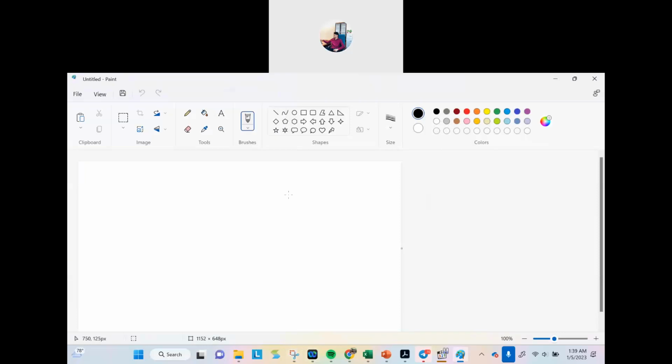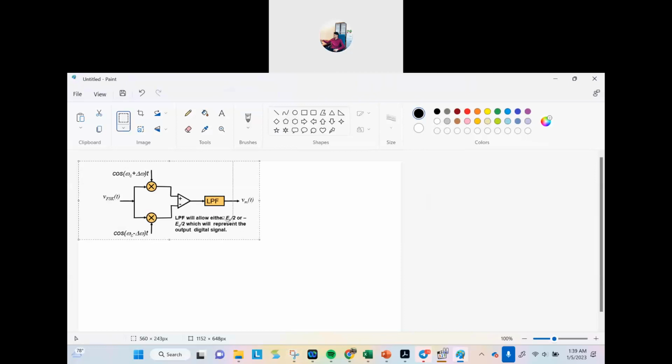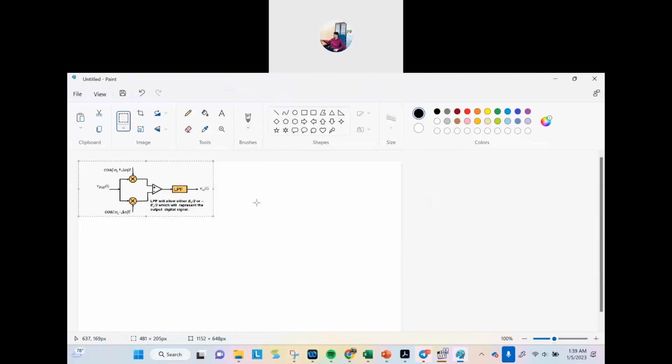So this is our system, the coherent detector or synchronous FSK receiver. Imagine that our VFSK, the one that we receive. I use different colors so they're easier to tell apart. I use black first, so that we can differentiate.